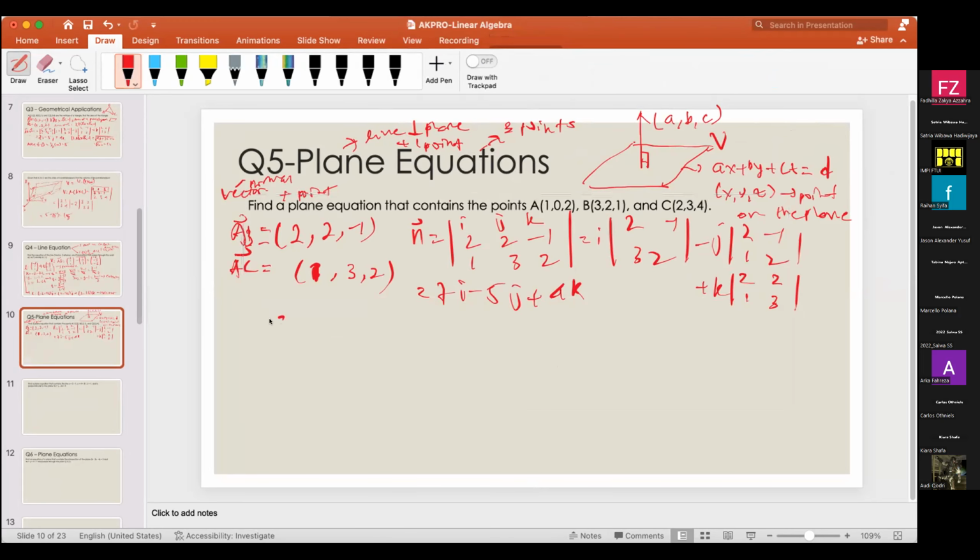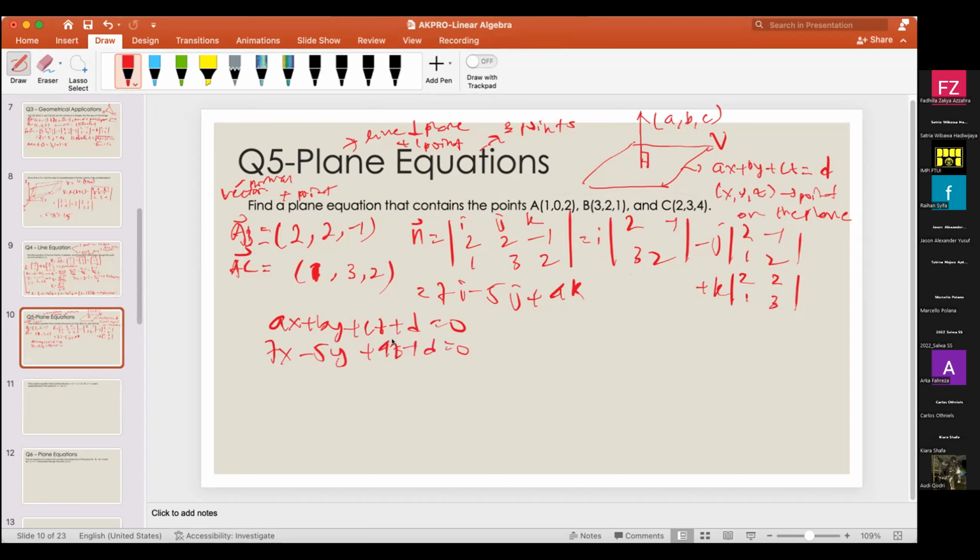So now we can write ax plus by plus cz plus d equals to 0. Well, it's up to you if you want to write it like this, but in this case, let's write it like this, because I'm used to writing it like this. And all we have to do is just now write 7x minus 5y plus 4z plus d equals to 0.